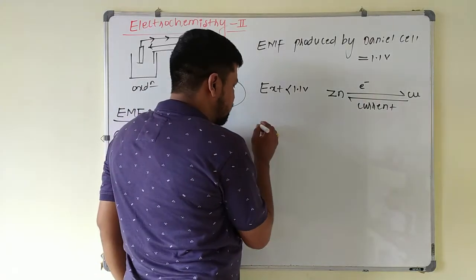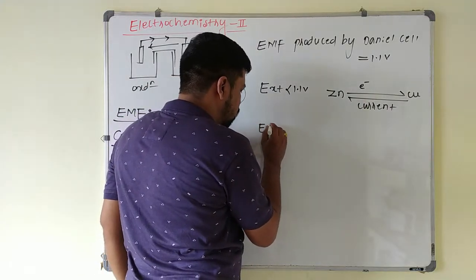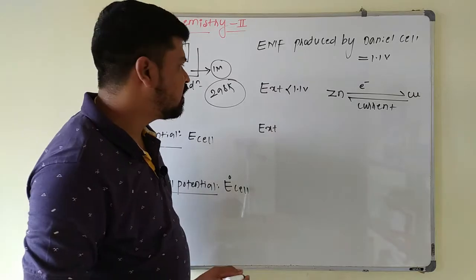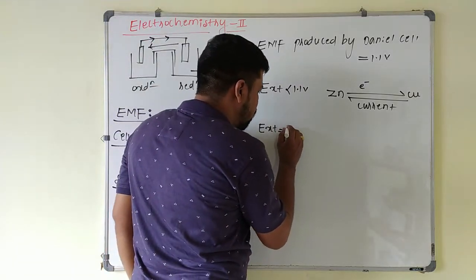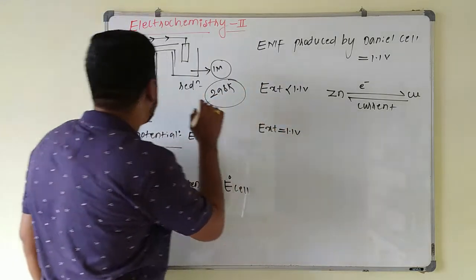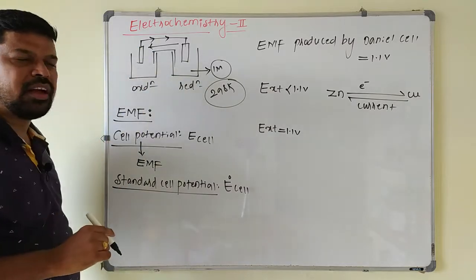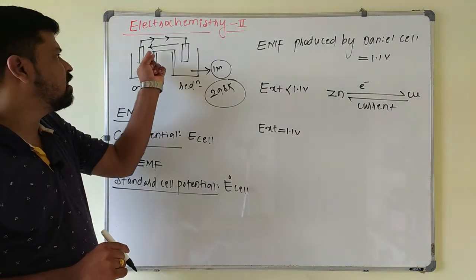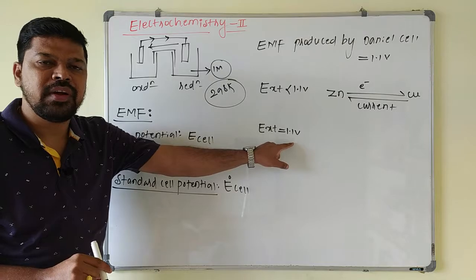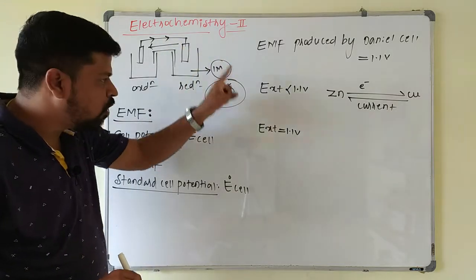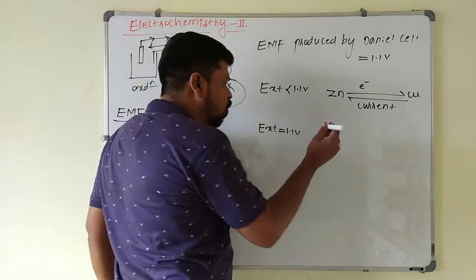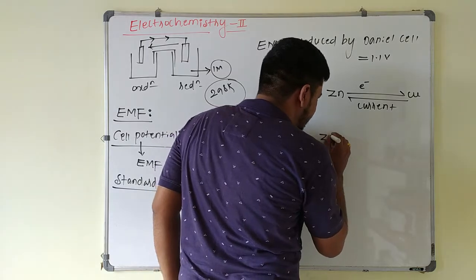Next one, suppose the external applied potential is equal to 1.1 volt. In the opposite direction you are supplying an equal amount of potential, equal to 1.1 volt. Whenever the external potential is equal to 1.1 volt, then the flow of electrons will be stopped. There is no reaction here.